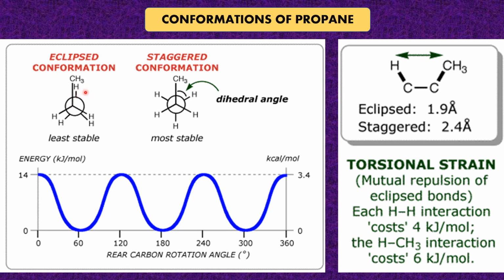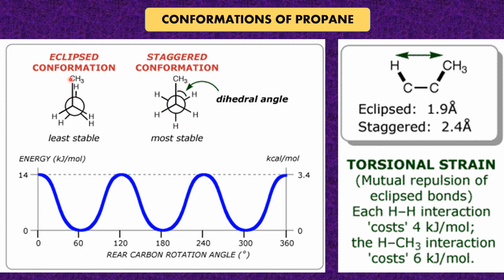This 6 kilojoules per mole is because, apart from the repulsion between the bonded electron pairs, there is a steric repulsion between the methyl group and hydrogen. That is why this eclipsing interaction increases the energy by 6 kilojoules per mole. So 4 kilojoules due to this eclipsing interaction, 4 due to this, 6 due to this. Altogether, this eclipsed conformation has 14 kilojoules higher energy than the most stable staggered conformer.